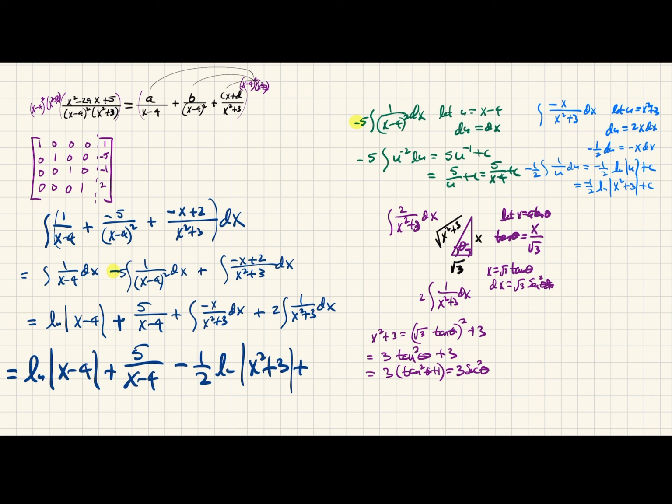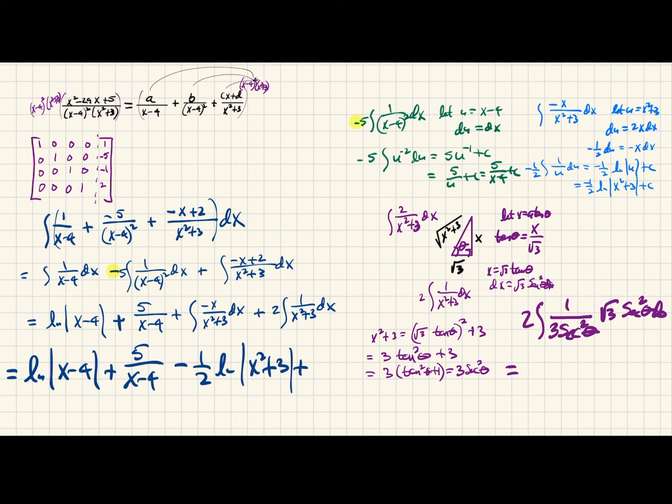So all of our parts are, so we want 2 times the integral of 1 over 3 secant squared theta, right? That's what x squared plus 3 is. And then dx is square root of 3 secant squared theta d theta. So what do I wind up with?